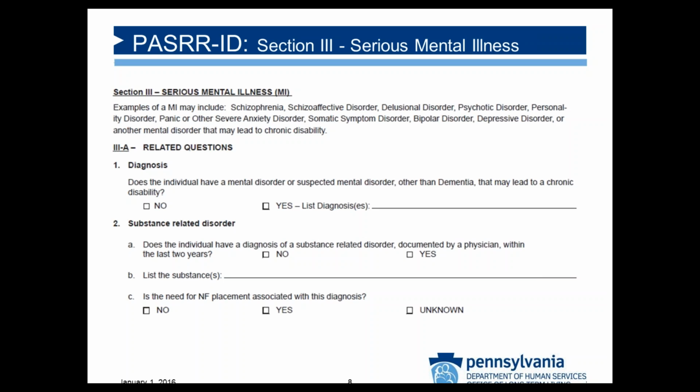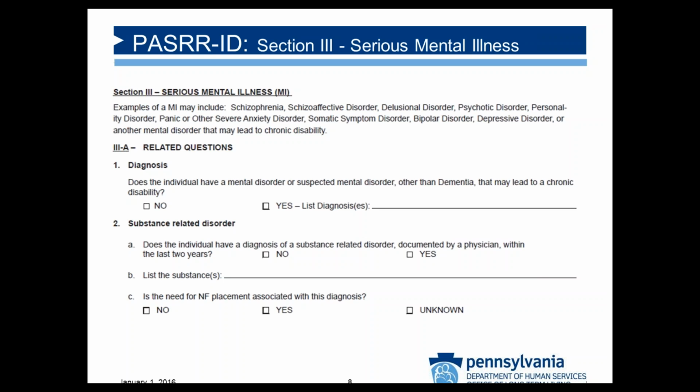They must meet other criteria in addition to the substance-related disorder. So we're simply asking if they do have a substance-related disorder, what the substance is, and are they needing nursing facility placement because of the substance-related disorder.